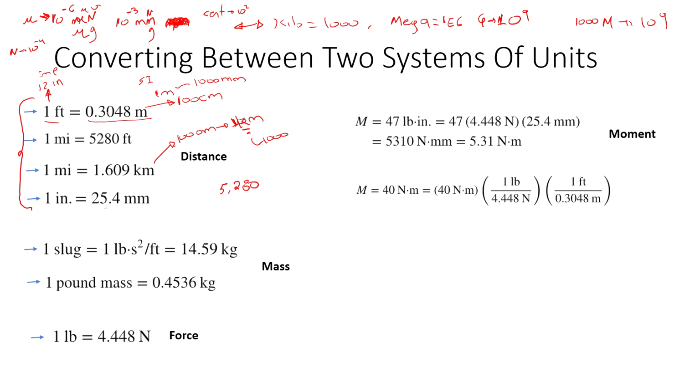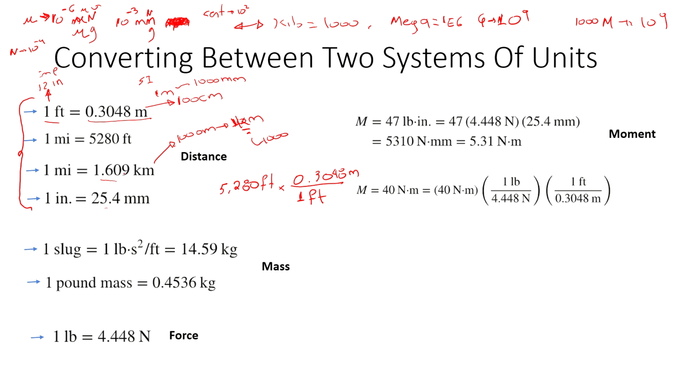So if you convert 5,280 feet to kilometers, we know that 1 foot is 0.3048 meters. So 5,280 times 0.3048 will give you 1,609 meters.